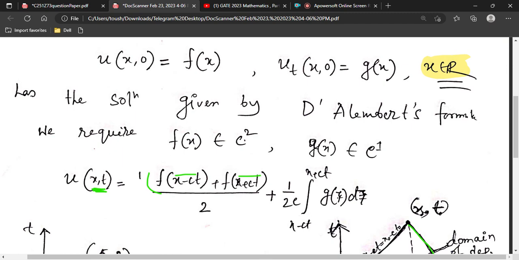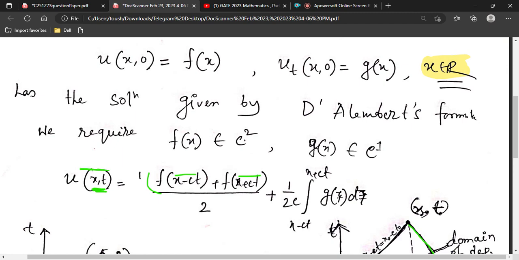So that means if you know the initial displacement and the initial velocity at x minus ct and x plus ct, then there is nothing more you need for the value at the point (x,t).